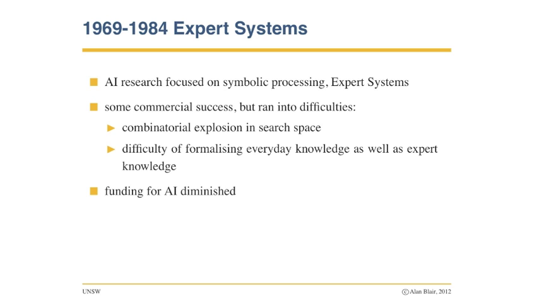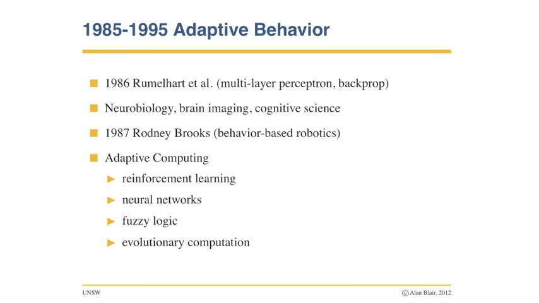And so this led to what was sometimes referred to as the AI winter, where funding agencies and industry just got sick of the whole thing, said, oh, this AI thing's never going to work, let's just cut the funding. But then, from 1986 onwards, there was a renewed interest in these neural models and adaptive computing. There was a special 2-year project at the University of California, San Diego, looking at parallel distributed processing.